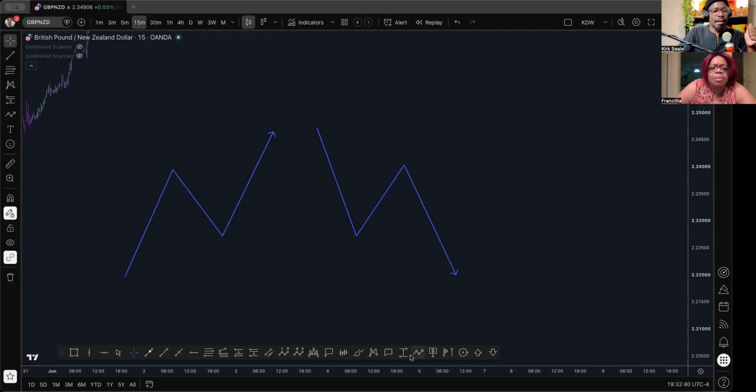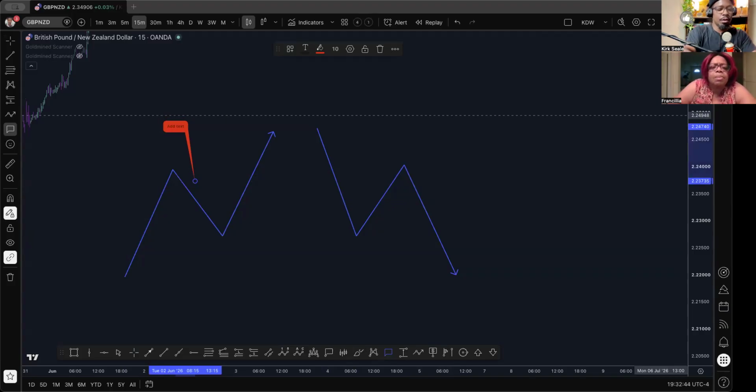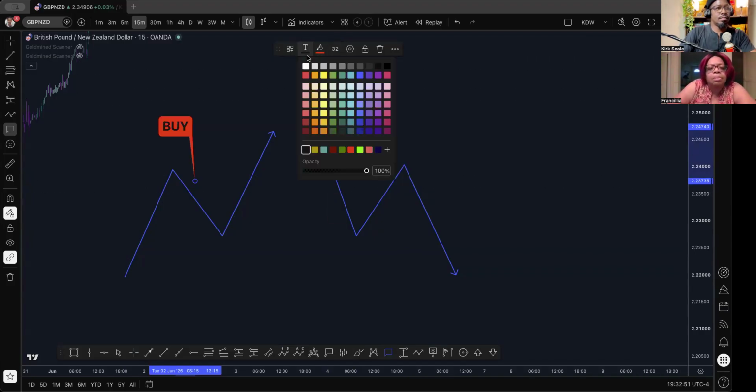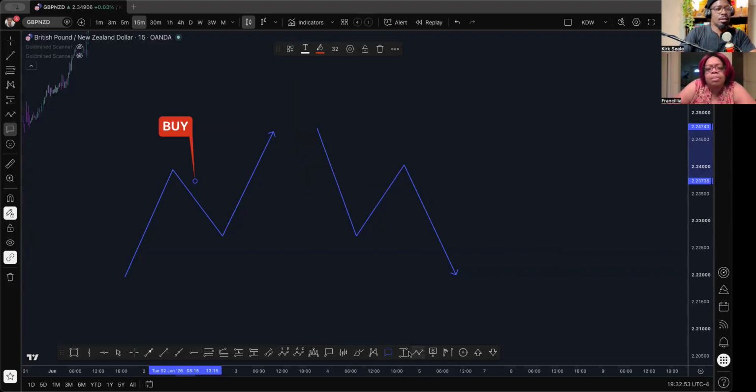And on the left, let me just label these. On the left, this is if we were buying, if price is increasing in value. And on the right, this is if we're selling. Or the trading term for sell is going to be bearish.